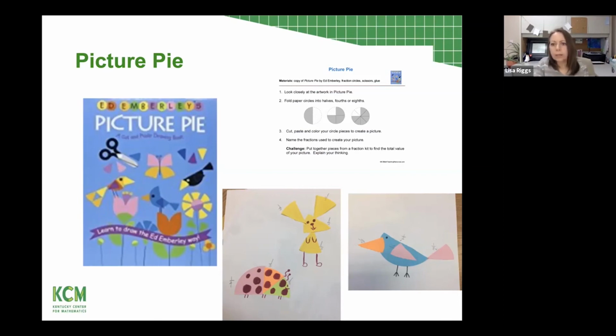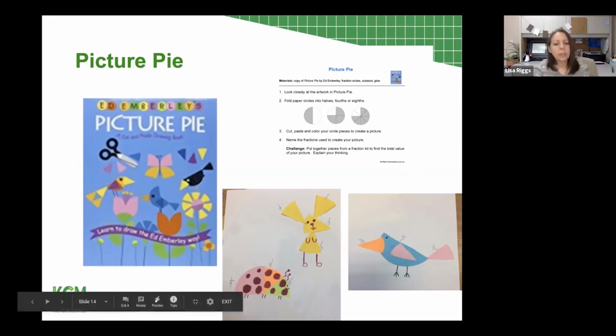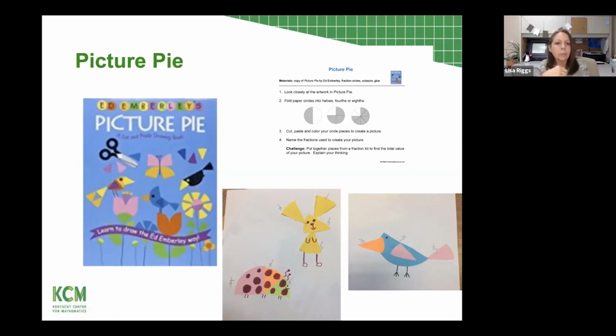It's from K5 math teaching resources, but it uses the book from Ed Emberley. And if you don't have access to the book, just Google it, you can find it pretty readily.